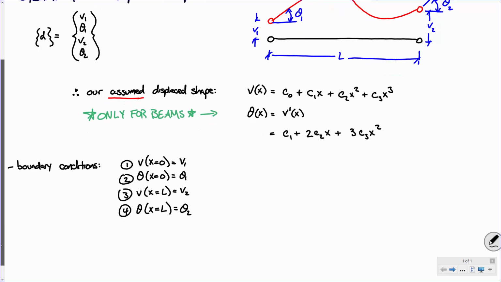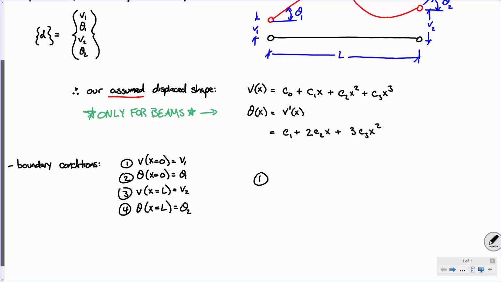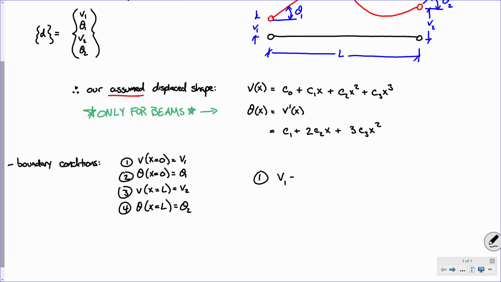Let's start off with the first one. Okay, so I'm going to drag this down a bit. So, number 1. I'm looking at the displacement at x equals 0, and that equals V1, right? So, here's my displacement function. I plug in x equals 0, and I set it equal to V1, right? So, what do we have? V1 has to equal C naught plus C1 times 0 plus C2 times 0 squared plus C3 times 0 cubed.